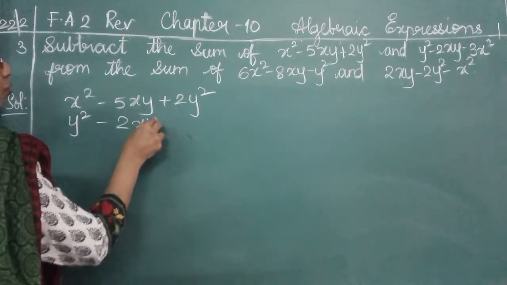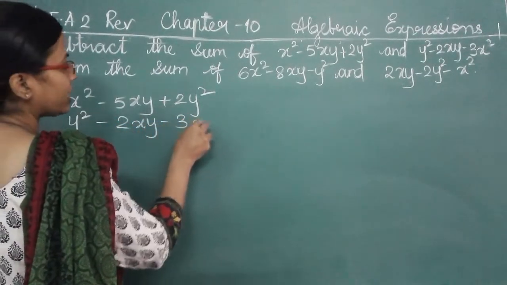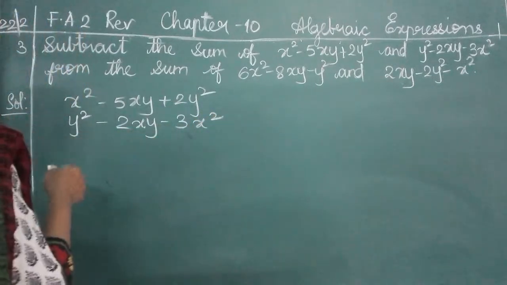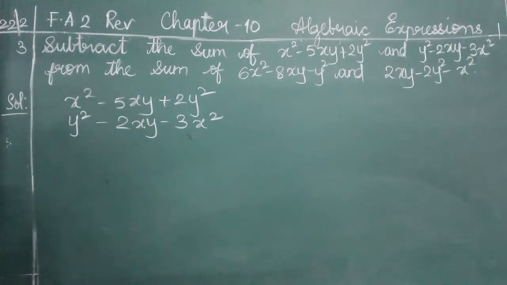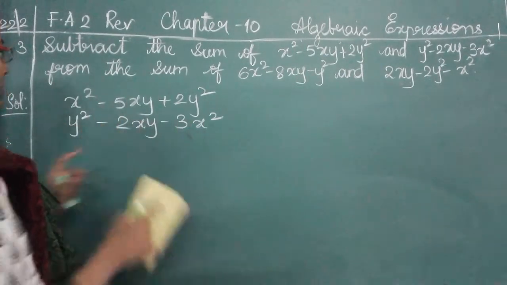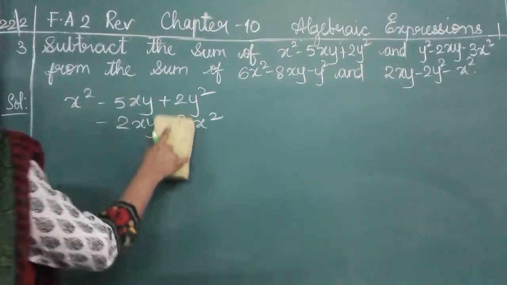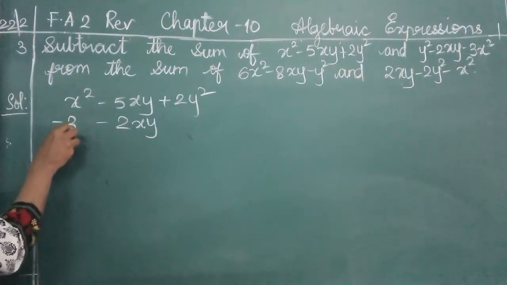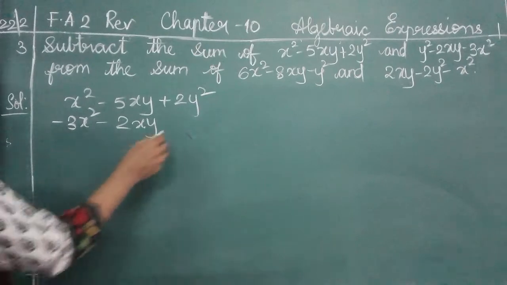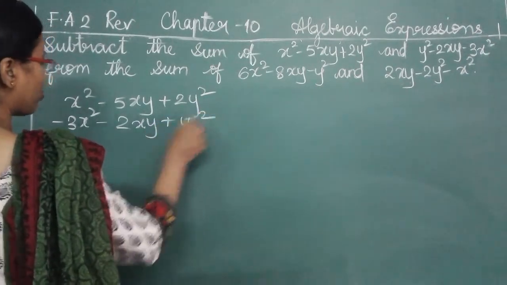So 2xy minus 3x square. Here you can see that initially they have given y square. Y square you have to write where y square is, and x square you have to write where x square is. So this is minus 3x square and this is plus y square.